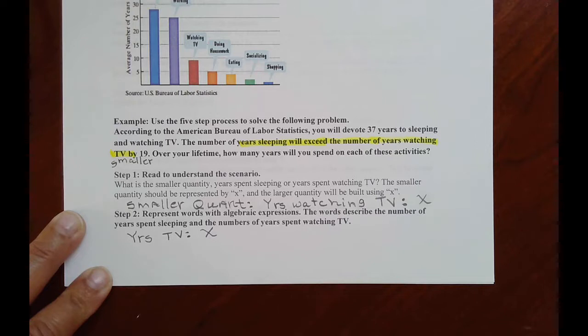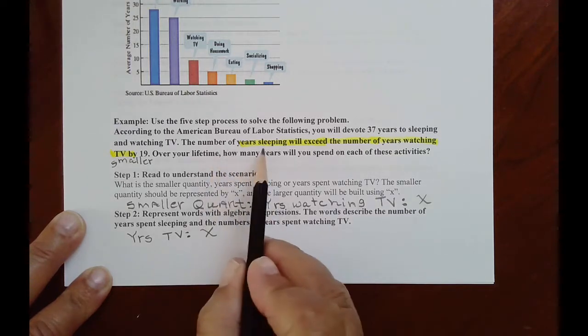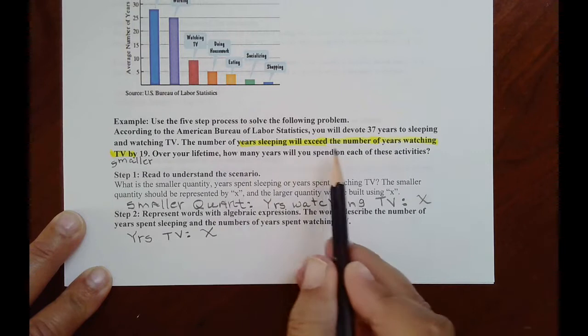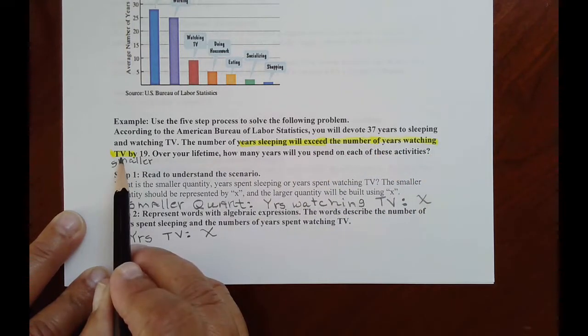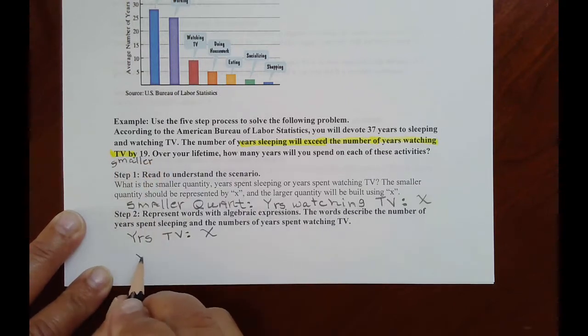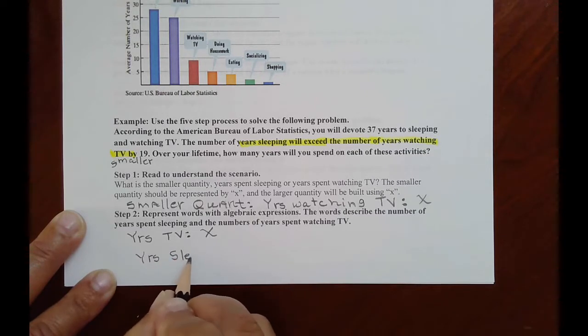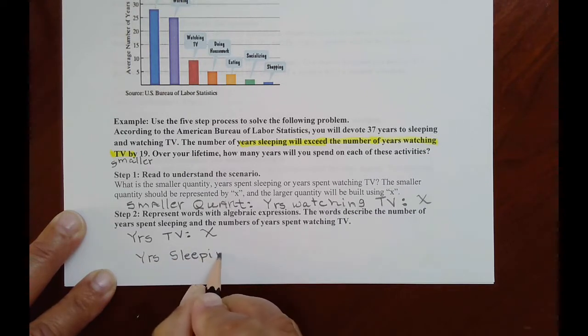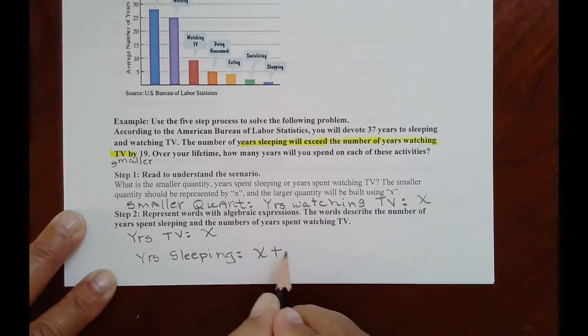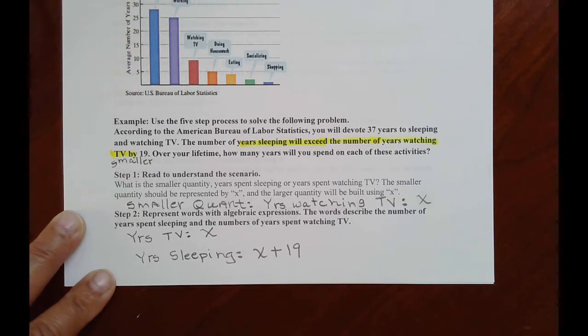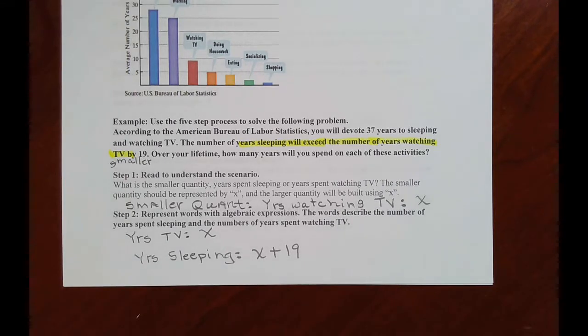And if you come back up here to the wording in the problem, it says the number of years sleeping will exceed the number of years watching TV by 19. So the number of years sleeping is going to exceed the number of years that you spent watching TV by 19. In other words, it is 19 bigger. Using the word exceeds is just another way of saying that.